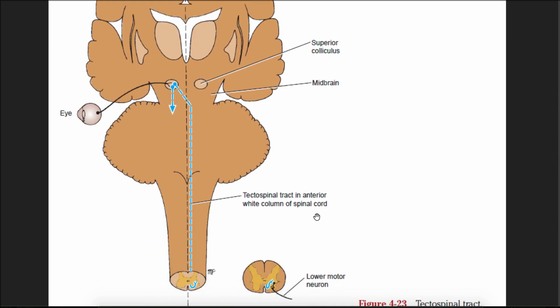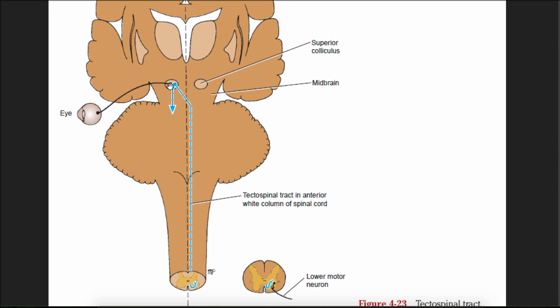Now here I have a diagram. This is the tectum of the midbrain, and this is the superior colliculus, which is concerned with the eye and the visual stimulus.